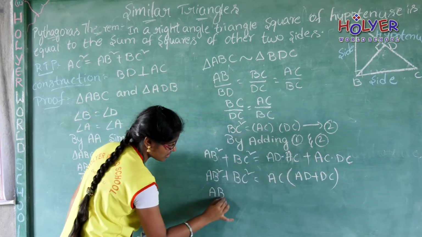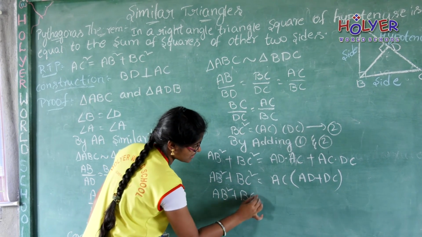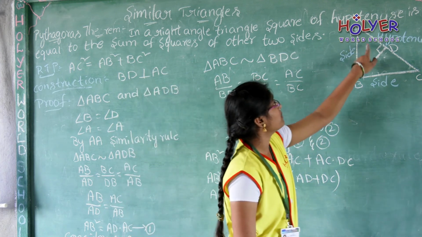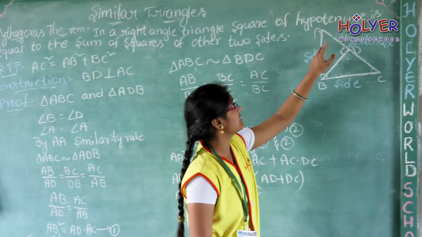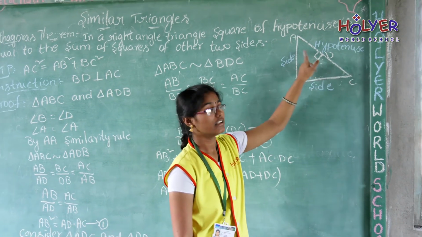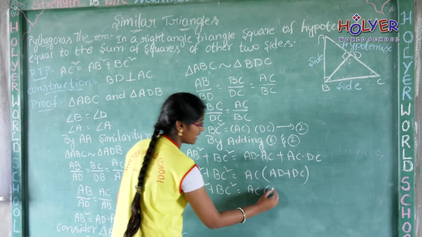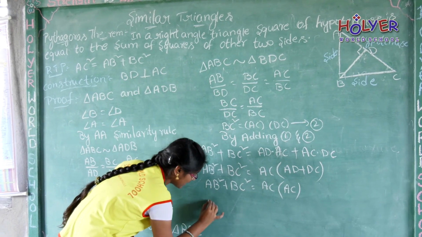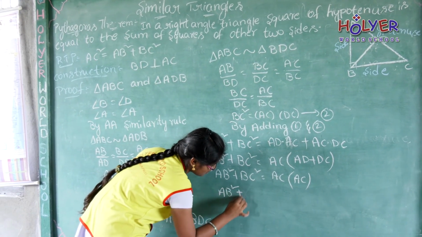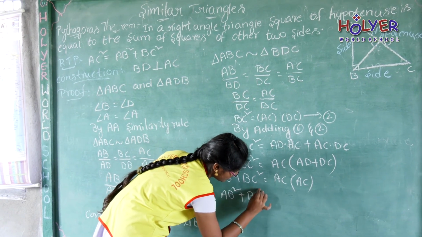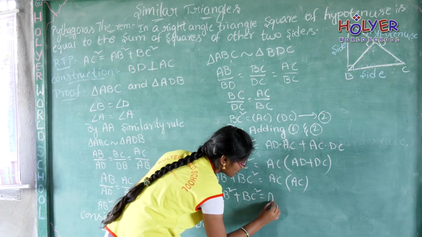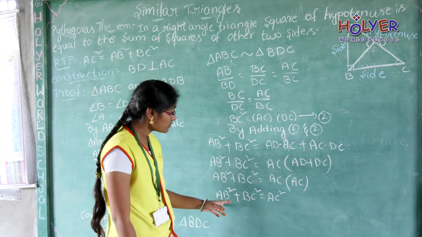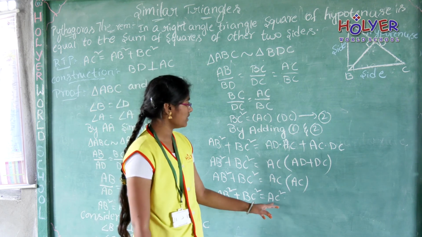So AB square plus BC square is equal to AC into AD plus DC. From the diagram, AD plus DC is equal to AC. So AB square plus BC square is equal to AC square.